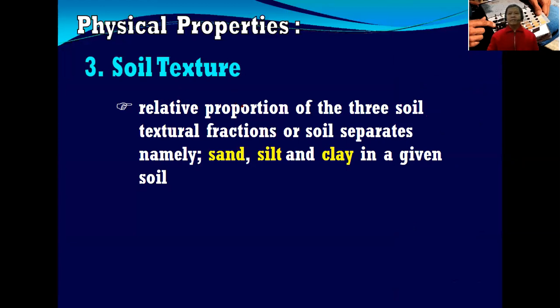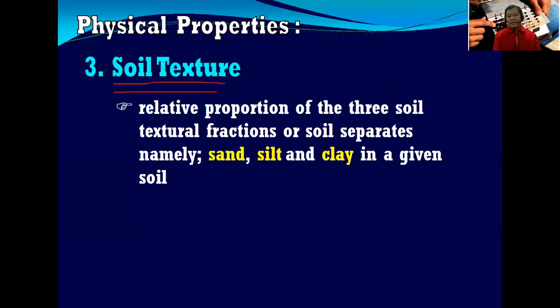Another soil physical property is soil texture. Soil texture affects crop production. It affects the management and tilling in our field, because there are soil textures that are difficult to plow and textures that are very easy to plow.